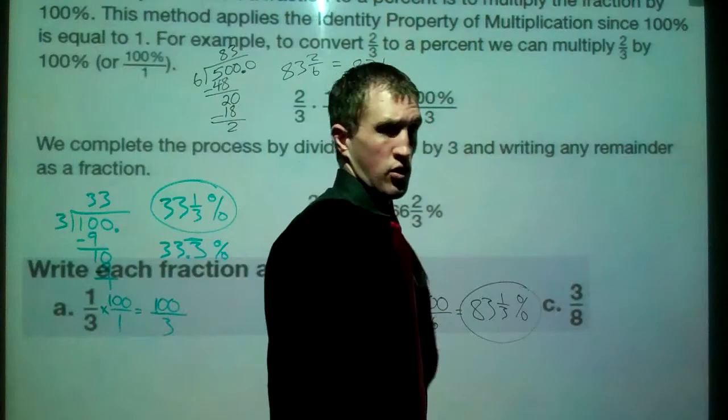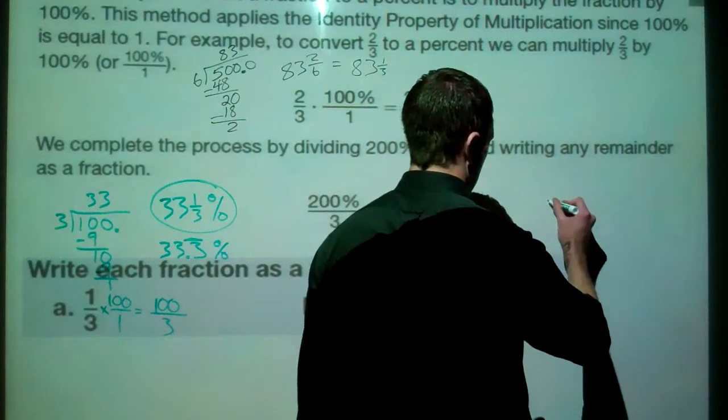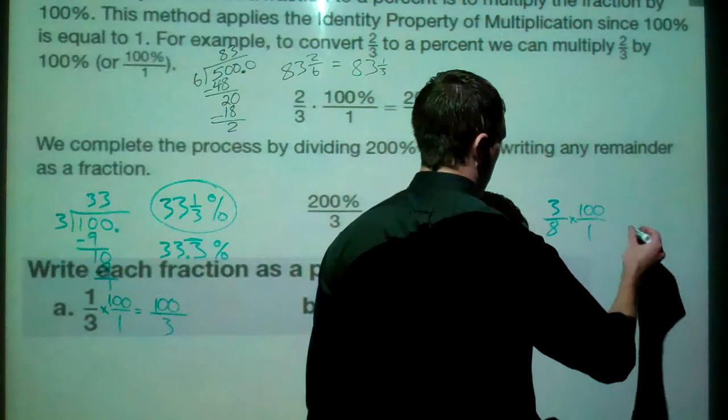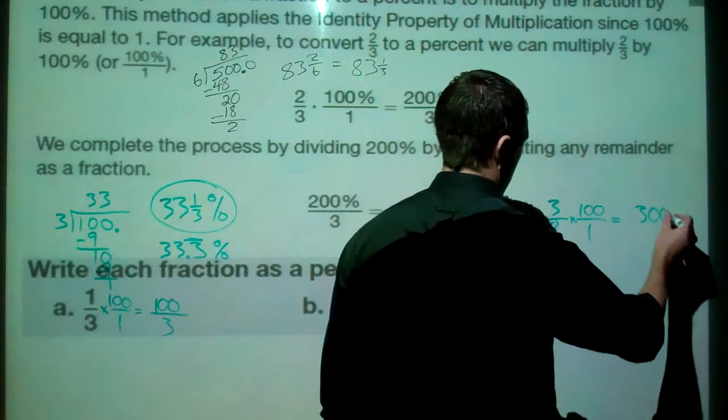Real quickly, we'll do C. Once again, 8 doesn't go into 100 evenly, so 3 over 8 times 100 over 1. 300 divided by 8.